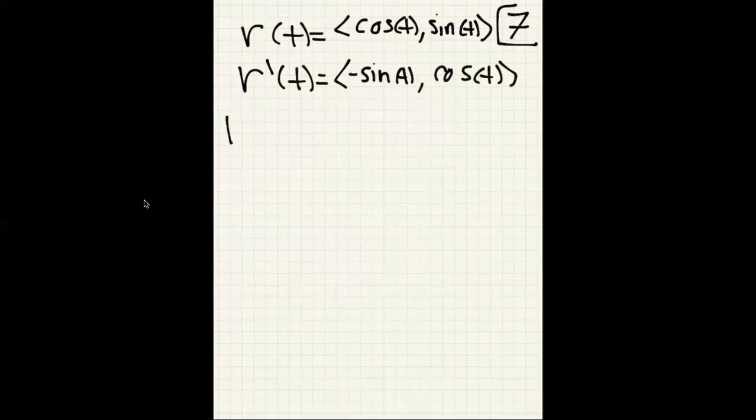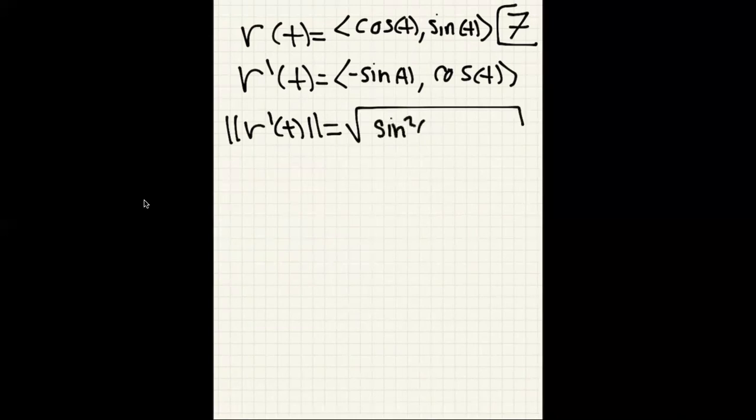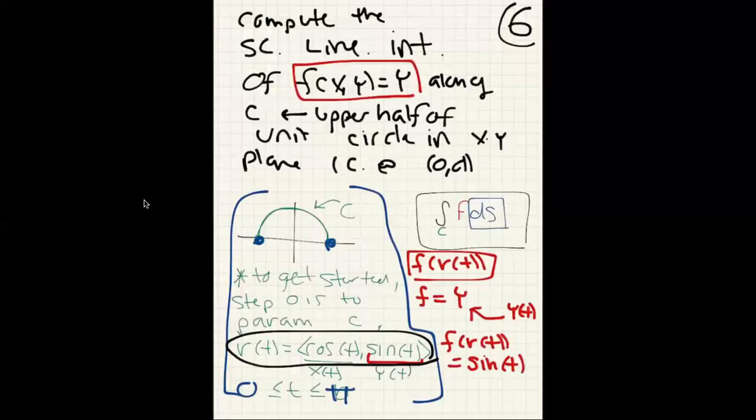And we can see that the magnitude of r prime of t, I'll actually write it out. Remember, this is a square root of the components squared. So I'm really looking at sine squared of t plus cosine squared of t. Well, that's just 1.